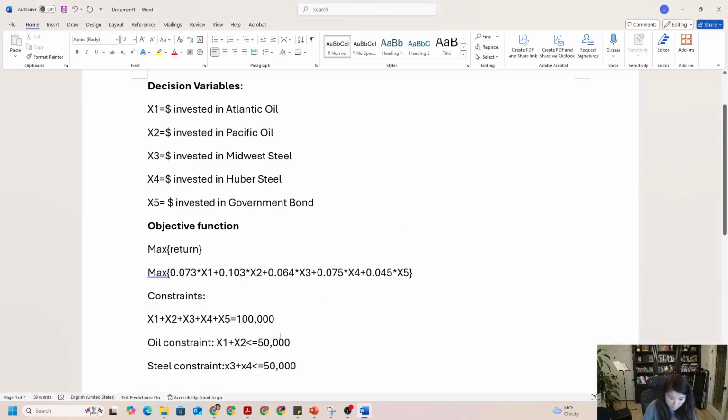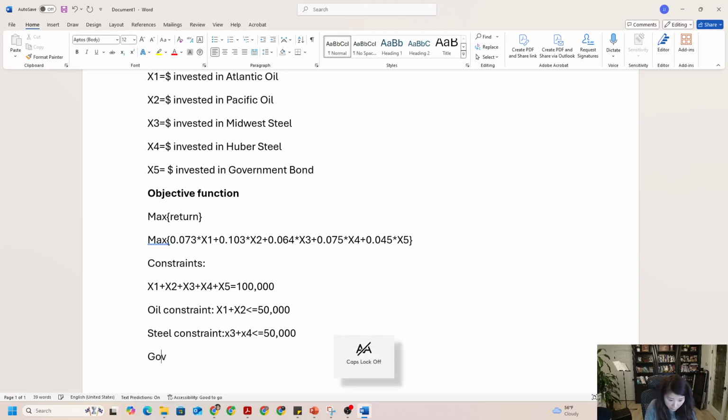So this is the government bond constraint: x5 has to be larger than or equal to 0.25 times x3 plus x4, at least 25% of the steel industry. So it has to be no smaller than 25%.